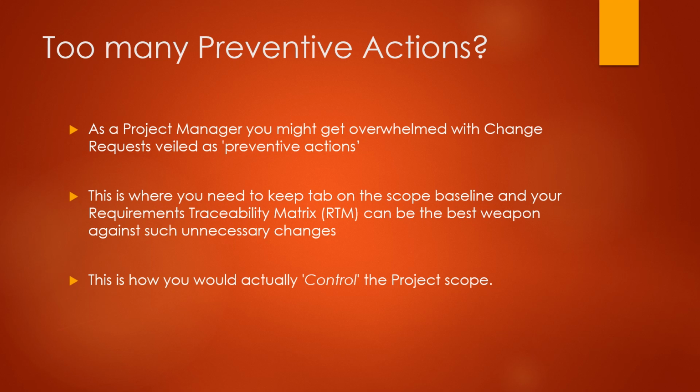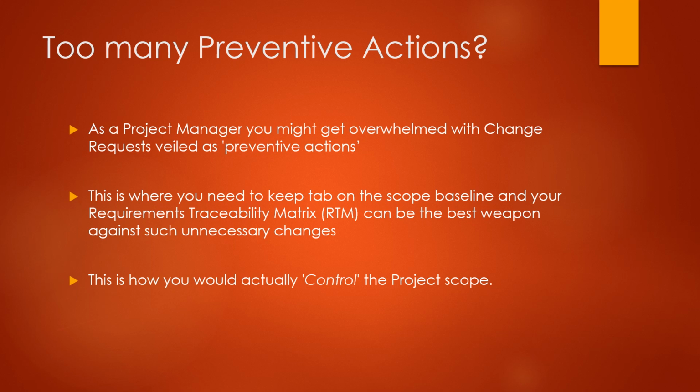So that's why I said in the first slide itself that this entire process of control scope, you have to, as a project manager, maintain a critical balance between what change requests you should accept, change requests that are really preventive actions or corrective actions or defect repair and are going to help your project stay on track.